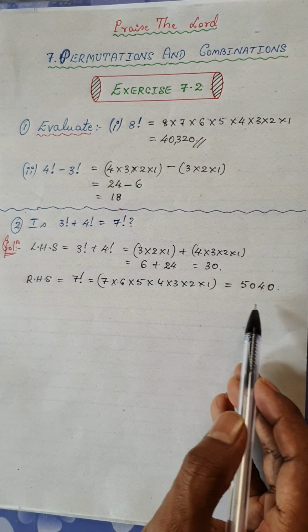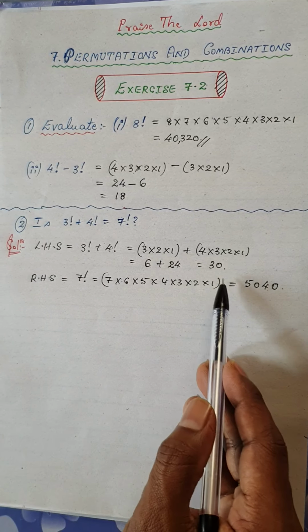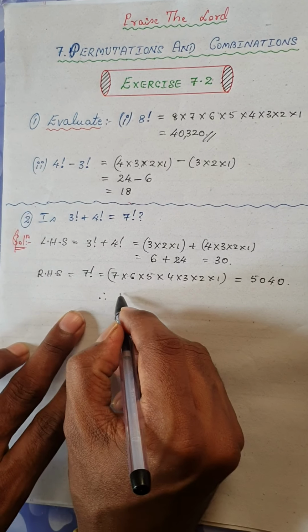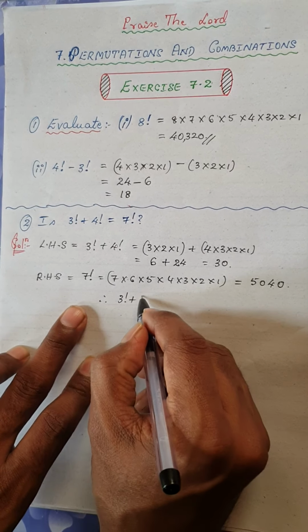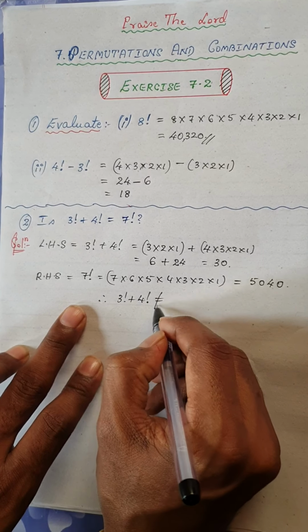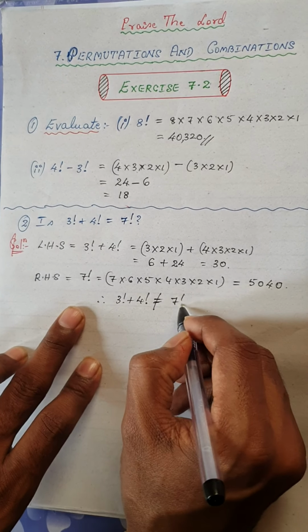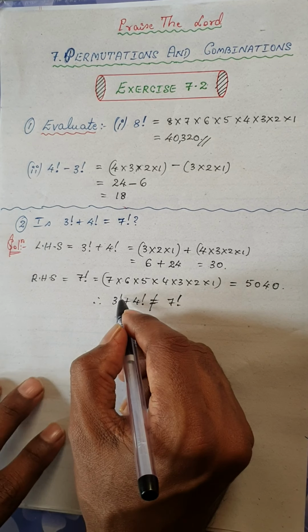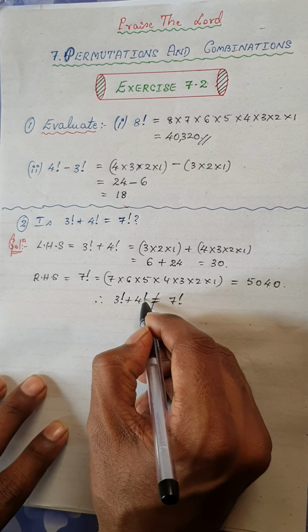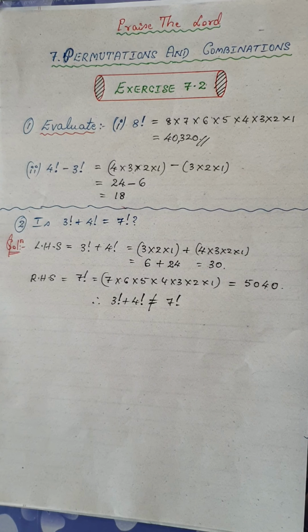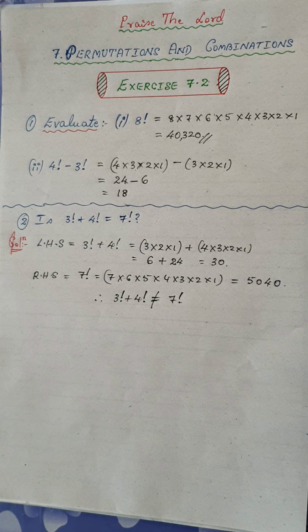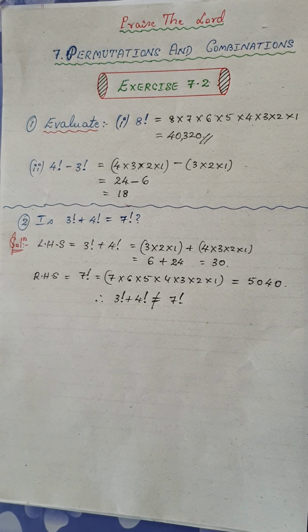Clearly, you can see here, 3 factorial plus 4 factorial is not equal to 7 factorial. Therefore, the conclusion is very important: 3 factorial plus 4 factorial is not equal to 7 factorial. But we know 3 plus 4 is equal to 7. For factorials, it need not be satisfied. So does it make sense? Okay, let's go on to the next question.